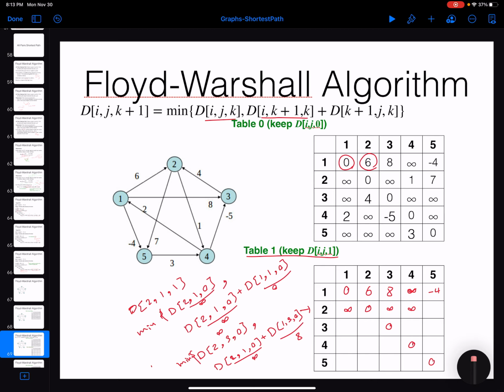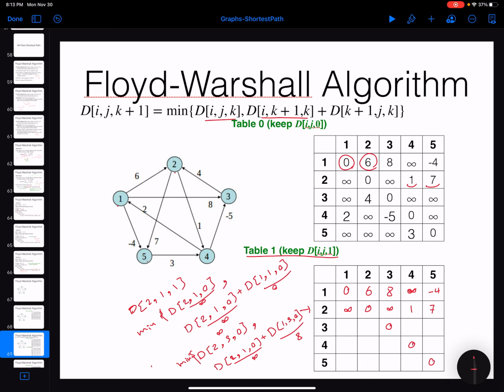The cost of going from 2 to 5 using only the node 1, this one is going to be infinite as well. Sorry, these are not infinite, because there is a direct edge from 2 to 4, and there is a direct edge from 2 to 5, which was 7, but later on we might actually get something better.